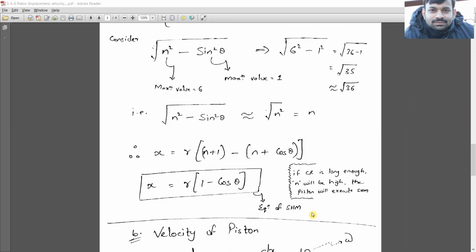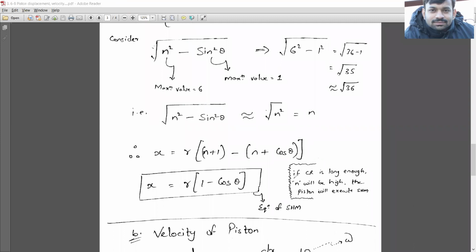This is very important. This question is sometimes asked in the interview also. The interviewer might ask, when will the IC engine piston execute simple harmonic motion?